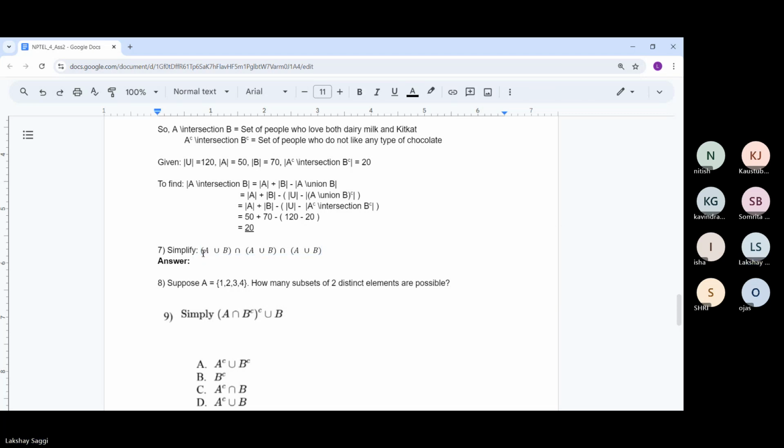I hope everyone is clear. You don't need to actually open up these parentheses and whatnot, or use distributive laws, because they won't get you anywhere.